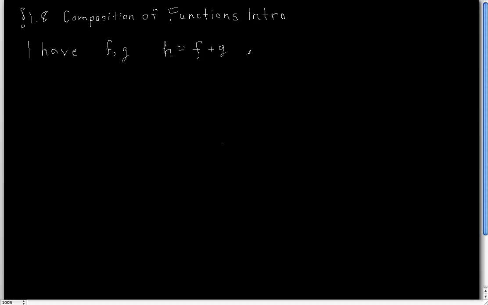In other words, I have to tell you what h of x is for a number x. So h of x is another number, and I have to tell you what it is. And like I said, maybe this is obvious to you. If I call h the sum of f and g, then h of x is the sum of f of x and g of x.